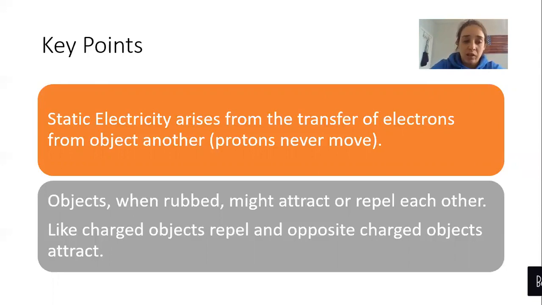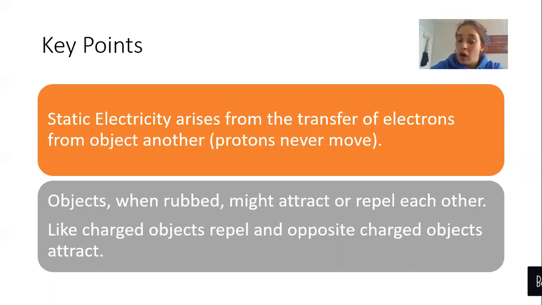The other key point is that when objects are rubbed, they might attract or repel other objects. Again, this depends on the material. If I just rub my pencil with my finger, nothing's going to happen. There have to be materials where the outer electrons will easily transfer from one object to the next, and that depends on the type of material that it's made out of.